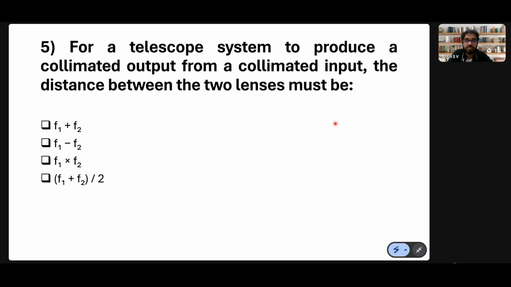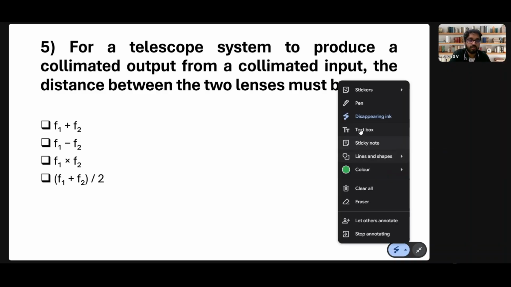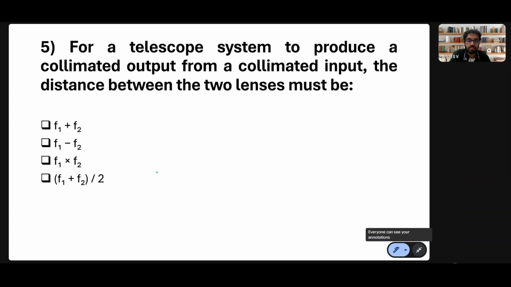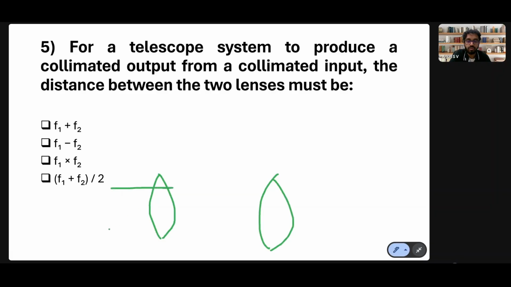For a telescope system to produce a collimated output from a collimated input, the distance between the two lenses must be what? It will be best if it is annotated properly. Let's have two lenses, where the input of the first lens is collimated and the output of the second lens is collimated. What should be the distance between the two lenses?